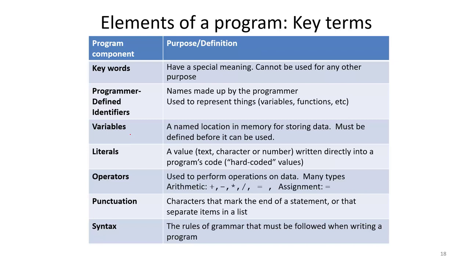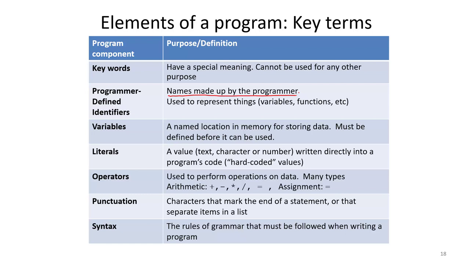Next is programmer-defined identifiers. So these are names that us programmers make up in order to represent things. We can use identifiers to name a variable or a function. Programmer-defined identifier is a fancy way of saying names that we make up. Next is variables.